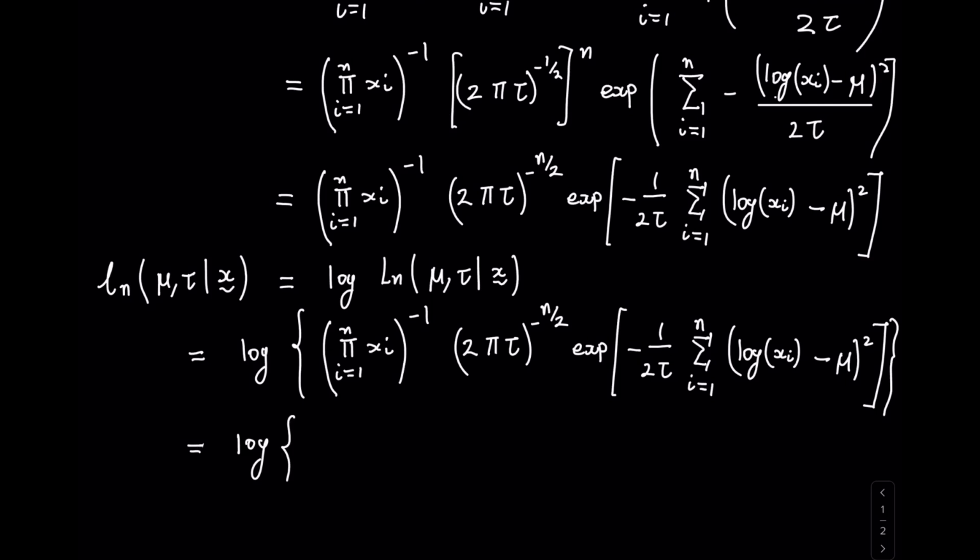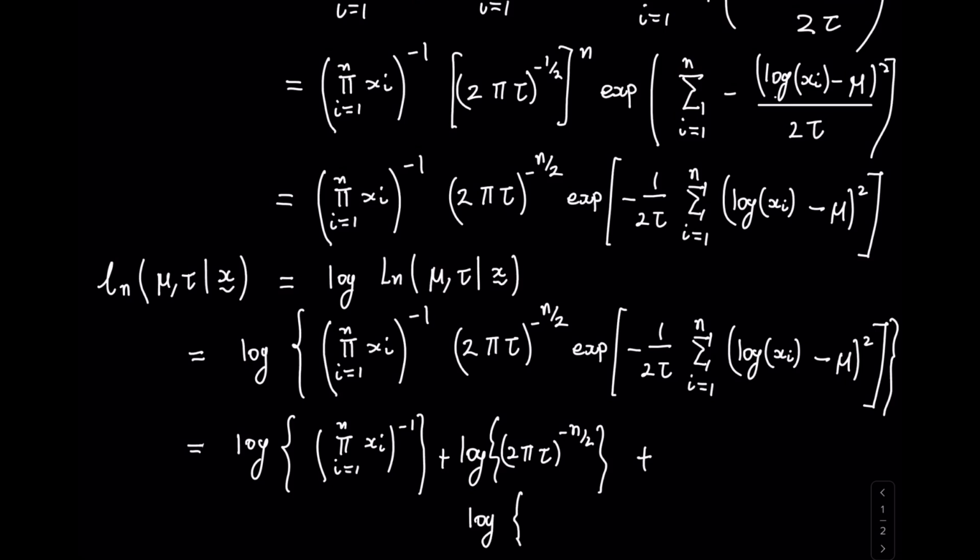So the first term, we can take the log of the product, i equals 1 to n, of xi to the power of -1, plus the log of the second product, (2πτ)^(-n/2), and we'll keep that one, plus, in our final component, the log of the last expression, which is exp of -1/(2τ), not 2π but 2τ, the sum i equals 1 to n of (log xi minus mu) all squared, close off the exponential and close off that log.